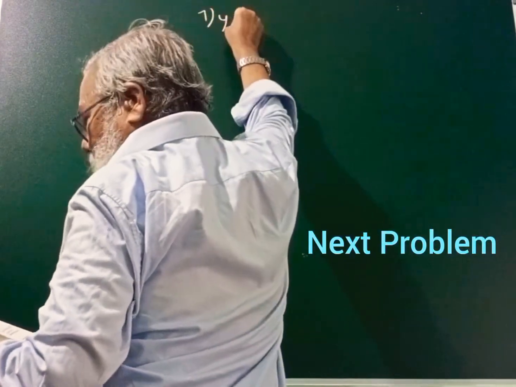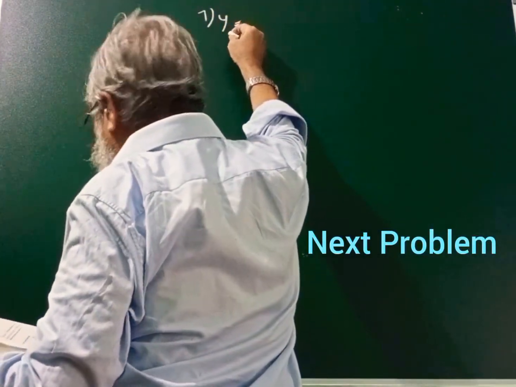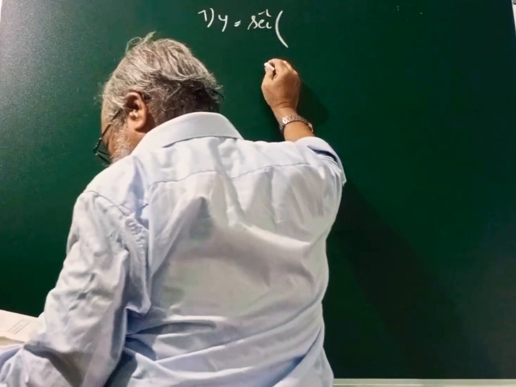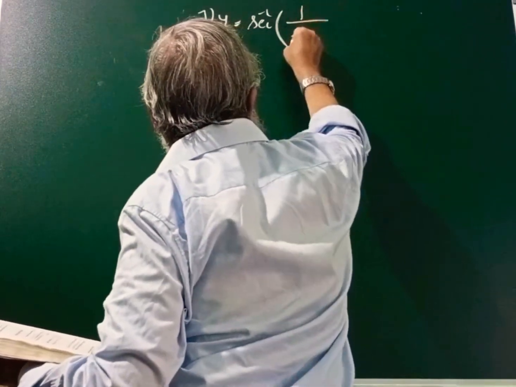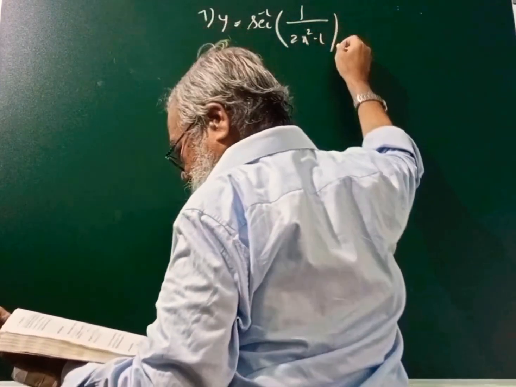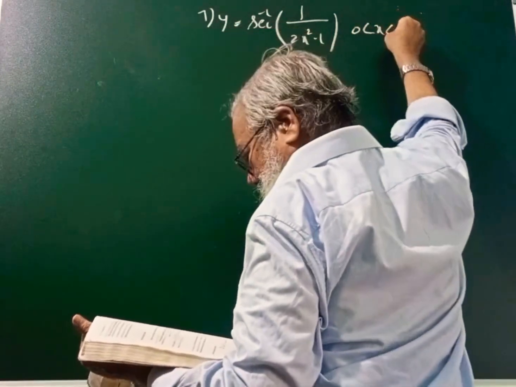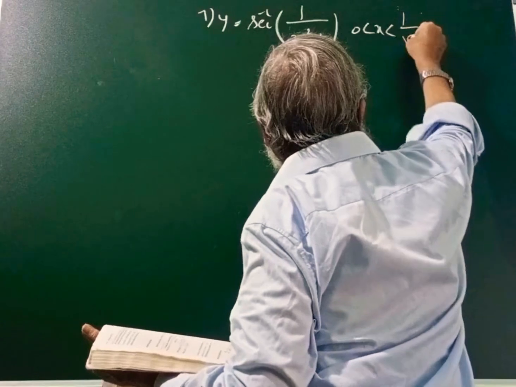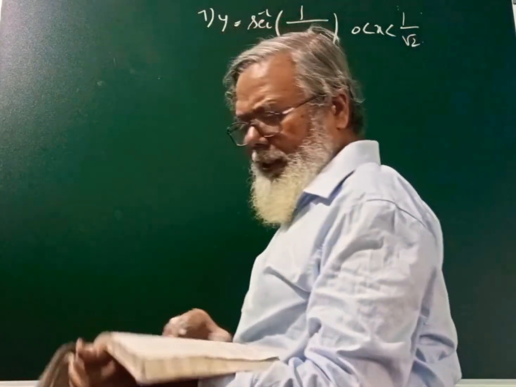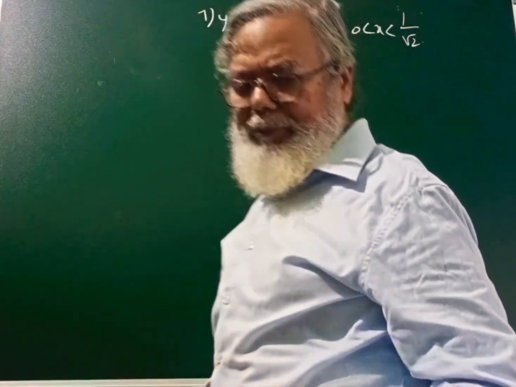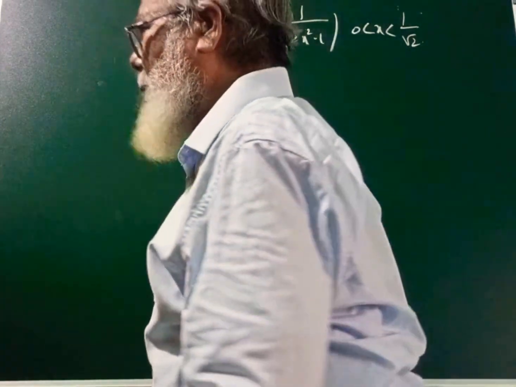y is equal to sec inverse of 1 by 2x square minus 1, where 0 is less than x is less than 1 by root 2. We have to differentiate it again by substituting. We try to make it simple.